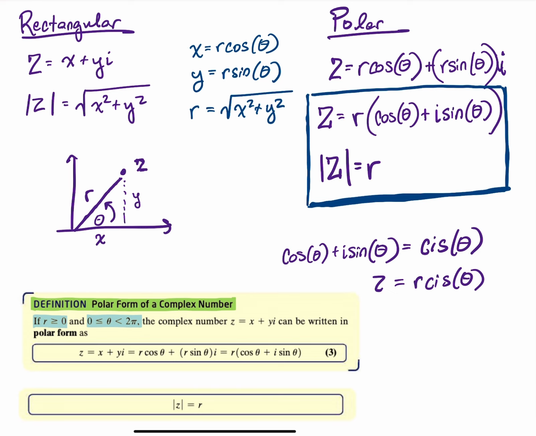So we can say the complex number x plus yi can be written in polar form as r times cosine theta plus i sine theta. And also that statement that the magnitude and our r value are the same thing. The main thing to remember is this first one here. We'll be using that a lot.